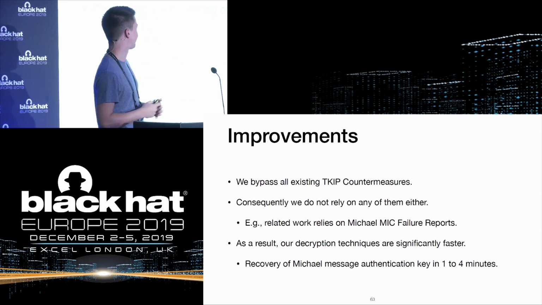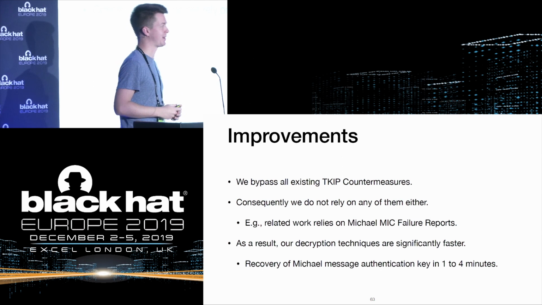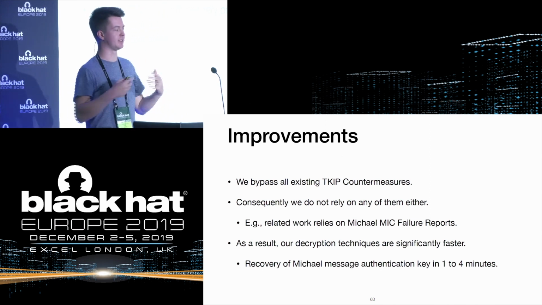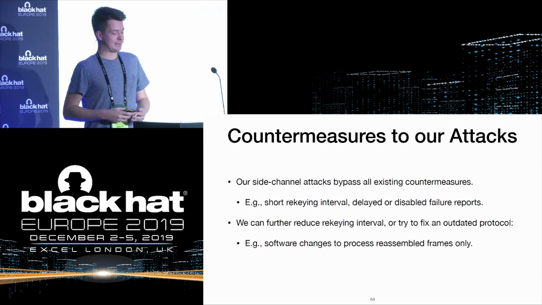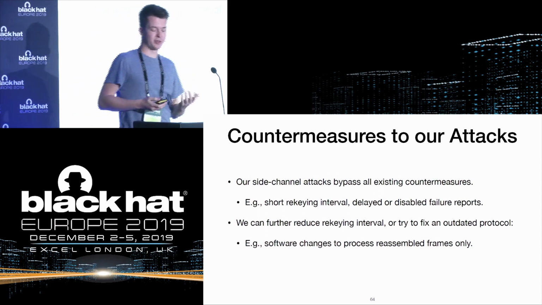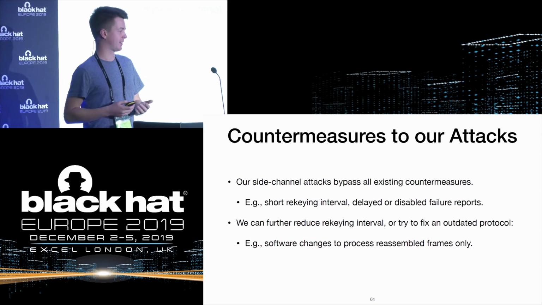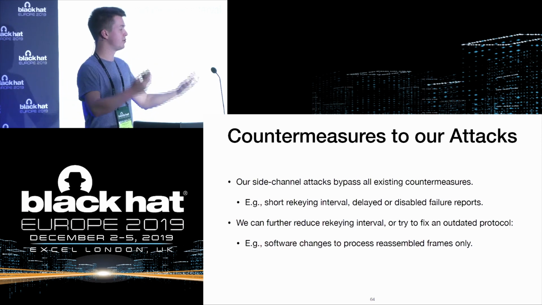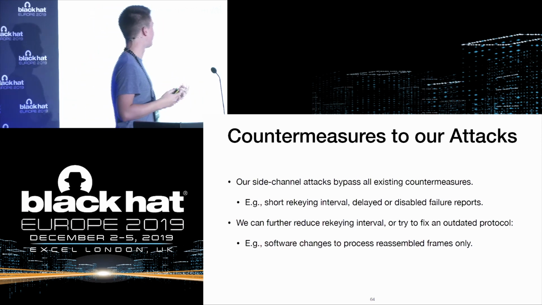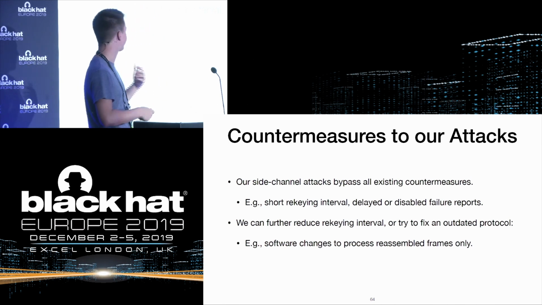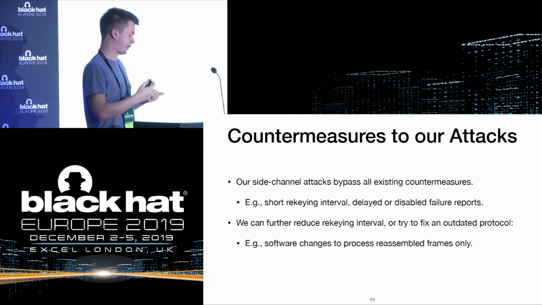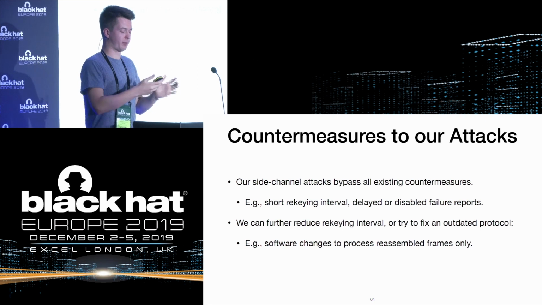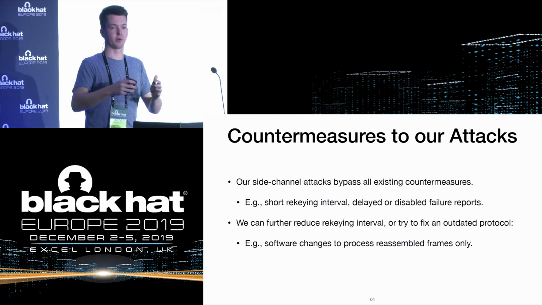So as we've seen before, in a mere 1 to 4 minutes, we can already achieve these attacks of decrypting and injecting network traffic. There are some countermeasures against our attacks, which could be reducing the rekeying interval even more, or disabling these Michael MIC failure reports altogether, or basically fixing an outdated protocol, where we could make some software changes to only process frames after reassembling them.